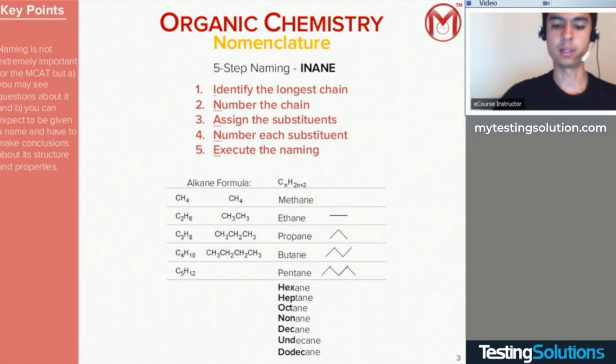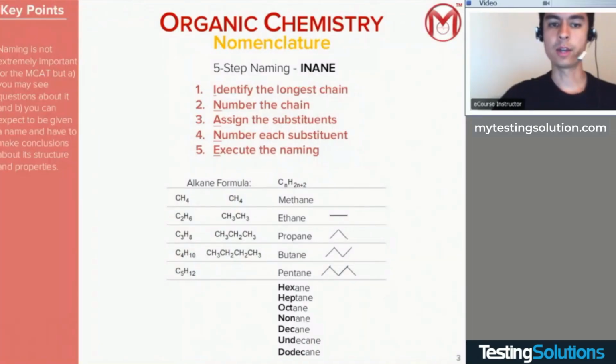That is, they give you some structure, and you should be able to figure out what the name of that might be. And you're never going to see any very complex structures here. It'll all be relatively straightforward. And you should be able to take a name and interpret what its structure might be. Okay? So you should be able to go forward and backward with this content, with nomenclature.